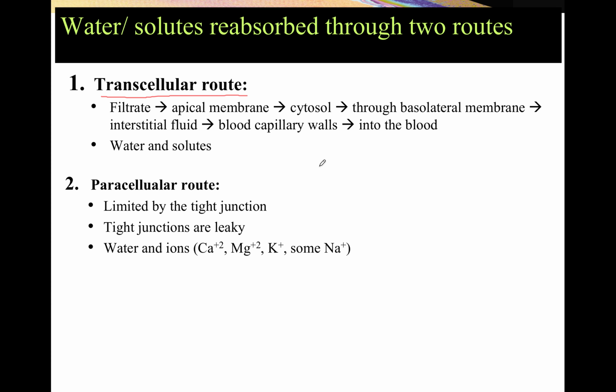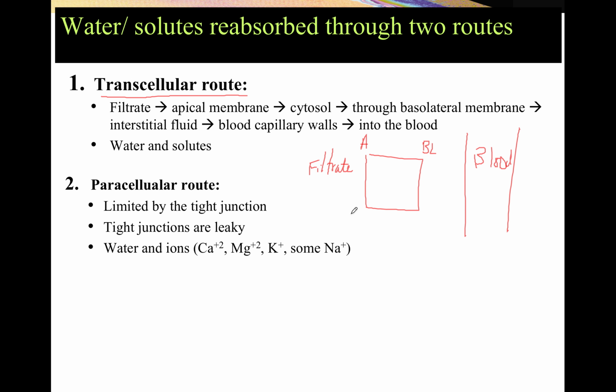I have a picture and I'll show you in just a second, but let's say this is your cell. This is the apical side. This is the basolateral, which means this is your blood, and this is your filtrate.